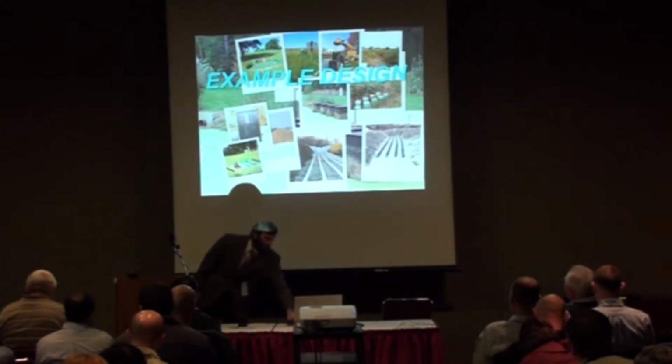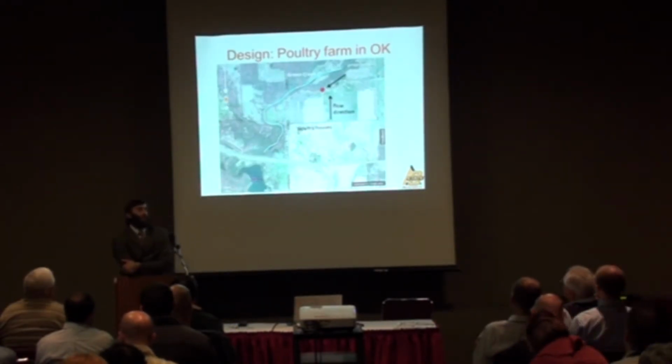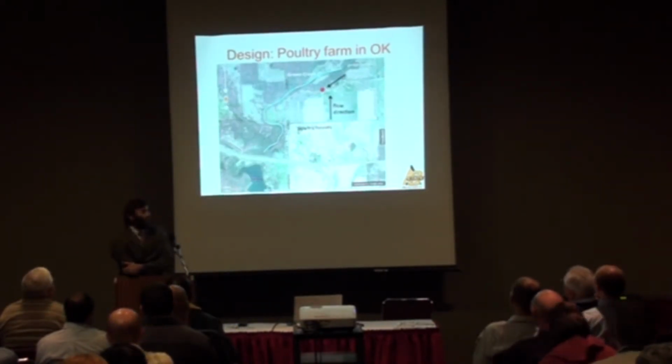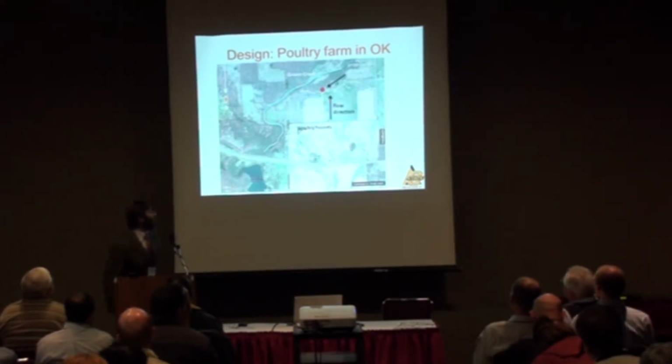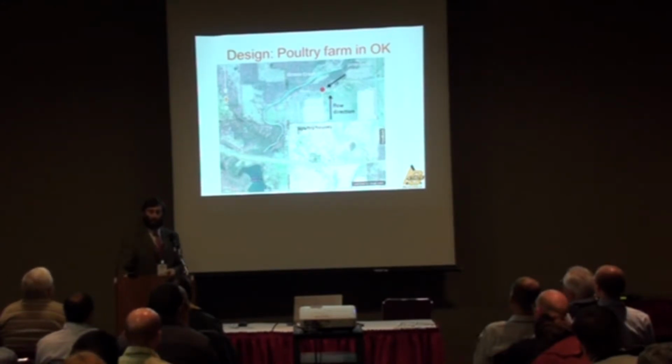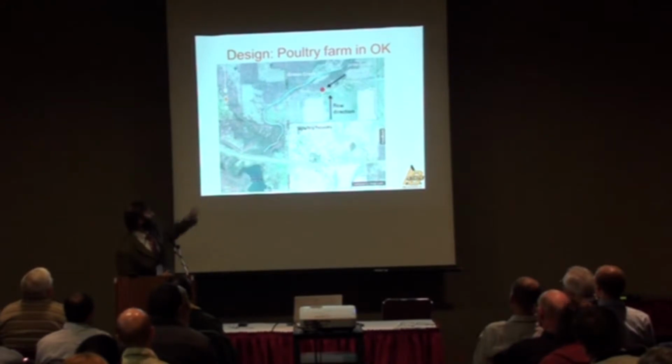Here's an example design. This is a poultry farm in eastern Oklahoma. You can see overhead here we have several poultry houses, flow direction going to the north. There's a lot of spillage of poultry litter outside of these poultry houses, and as a result, we've measured very high dissolved phosphorus concentrations moving towards Green Creek right there.